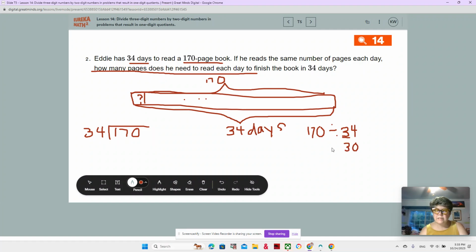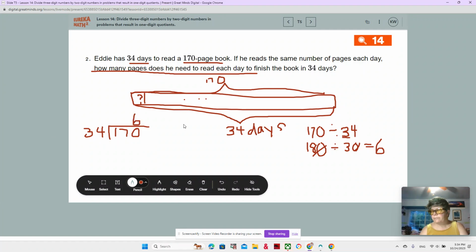Oh, you know what? 3, 6, 9, 12, 15, 18, 21. So I'm going to change this to 18, right? 180 divided by 30 is 6, because 3 times 6 is 18. The zeros come along, right? Okay, so I think 6 is going to be a good place to begin. I'm going to start dividing with 6.